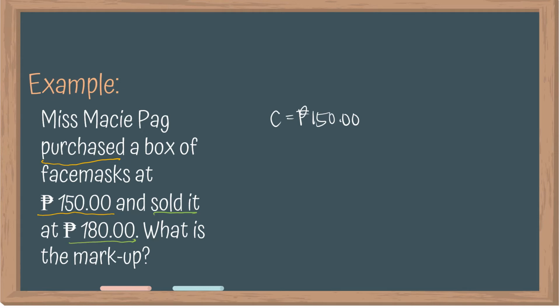For the keyword sold, we can say that 180 pesos here is the selling price of our product. For the question, we have here, what is the markup? So, for this particular problem, the markup is missing. So that's what we are going to solve.